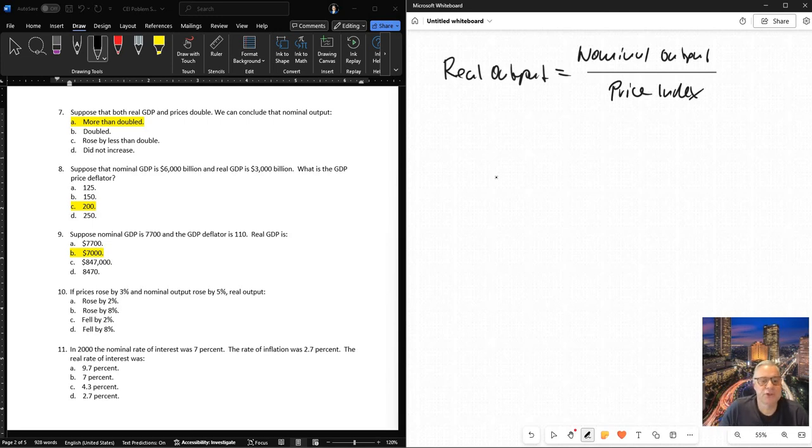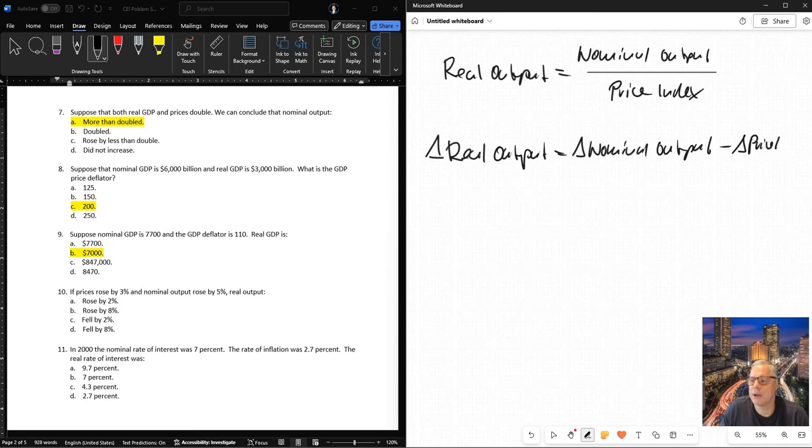Okay, but now everything changes. So if nominal output changes and the price index changes, how does the real output change? That formula is, so the delta means change, the change in real output is equal to the change of the nominal output minus the change in the price index.